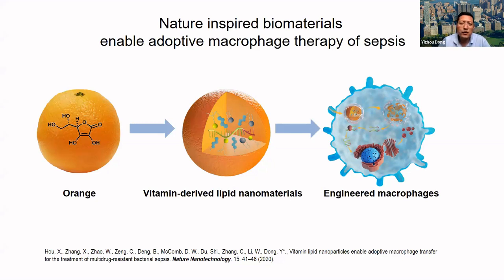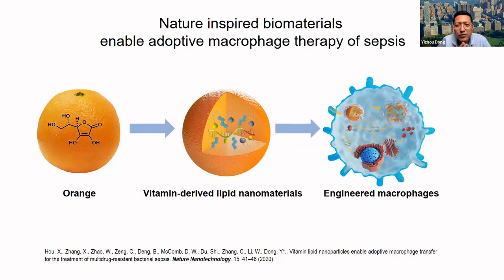But for some drug-resistant bacteria, these macrophages cannot clear them just by their endogenous functions. So we are wondering if we can utilize certain approaches to engineer macrophages to enhance their antimicrobial activities.